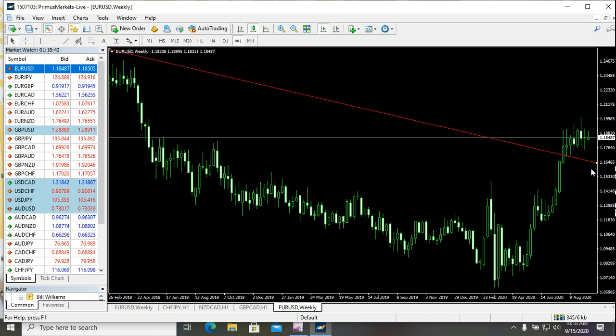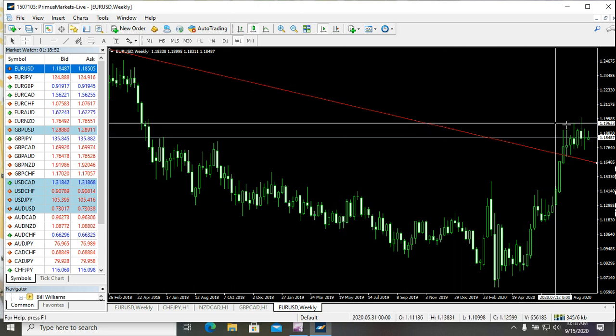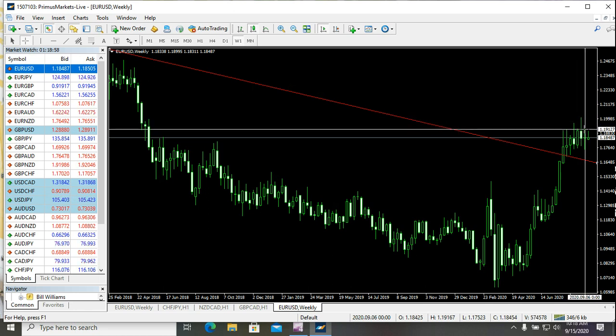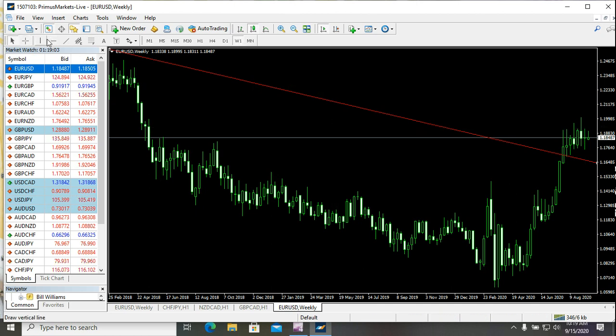When it comes back to touch this trend line, when it reverses, and then it starts making a buy up, you must wait confidently for it to break this upper level you are seeing here. Once this level is broken, then you can comfortably buy this pair, which is Euro USD.